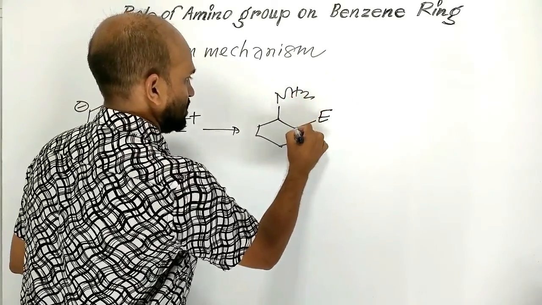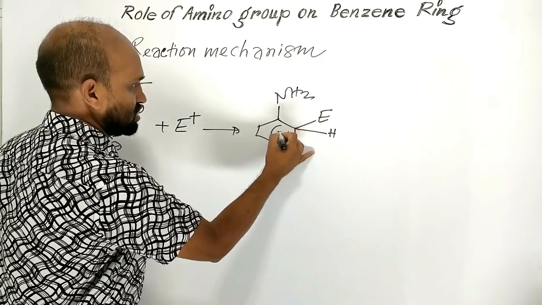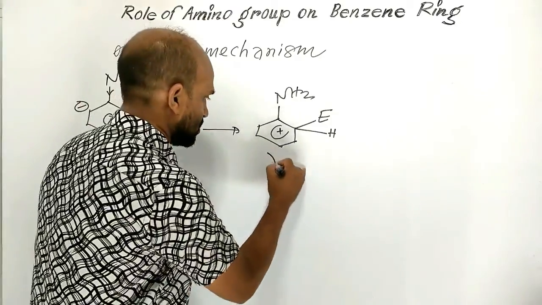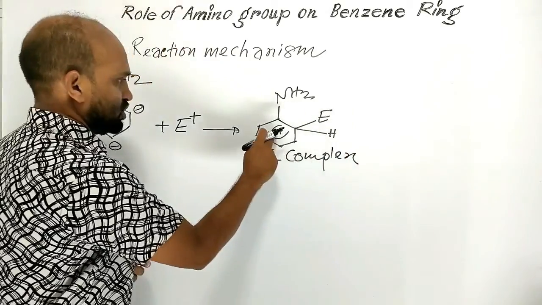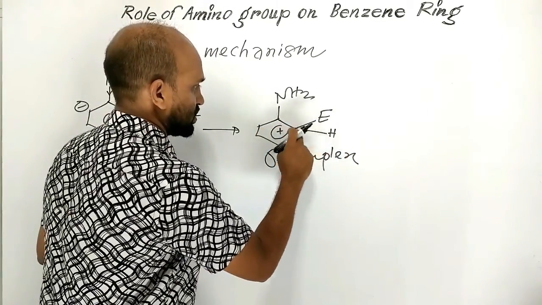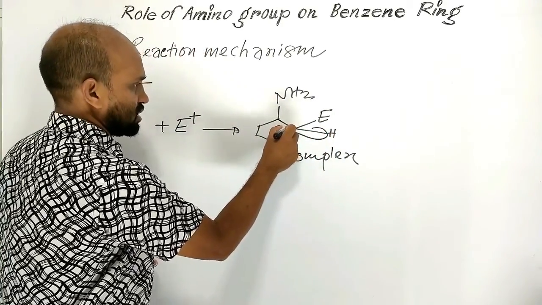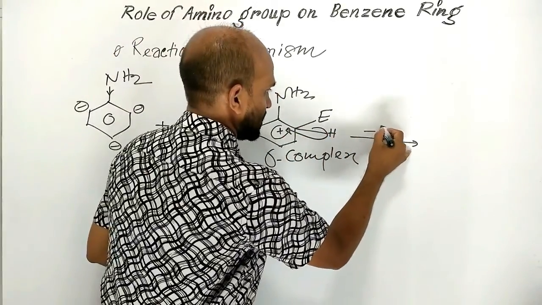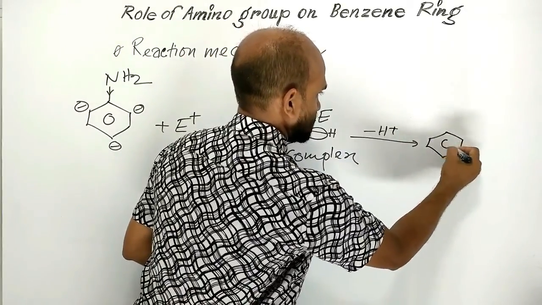Here electrophile and hydrogen, and inside the benzene ring a positive charge is created. Now this is called the sigma complex. Because of the presence of positive charge, covalently bonded electrons of the carbon-hydrogen bond move towards the benzene ring, and after that this hydrogen gets freed as an electrophile, and this is obtained.